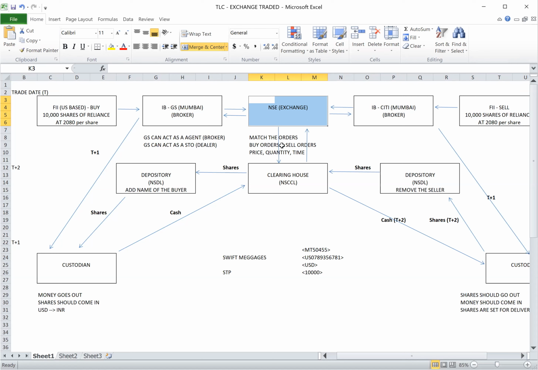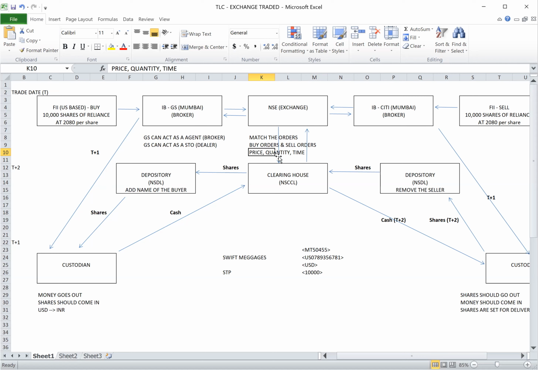It will match the orders based on various rules. They have rules based on which orders should be given priority, right? So they will match the orders based on the price, quantity, and time. First of all, preference would be given to the price. That means whoever wants to buy the shares at the highest price, or whoever wants to sell the shares at the lowest price, their orders would get executed first.